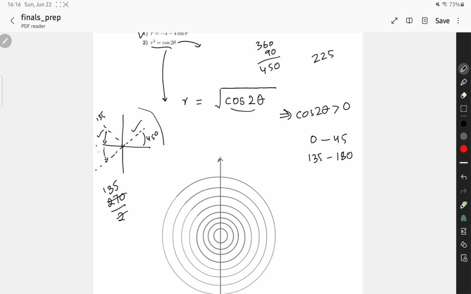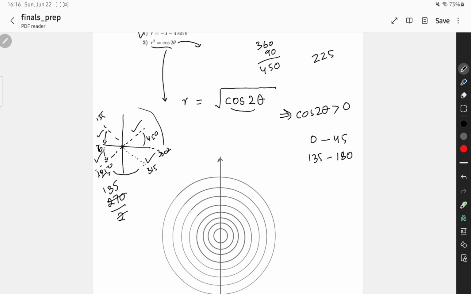So from 180 to 225, you should again have a positive value for cos theta. And likewise, you'll have something over here. There would be a skipping of 90 degrees, but after that, you can guess 45 below 360 is 315. So from 315 to 360, there would be a positive value.